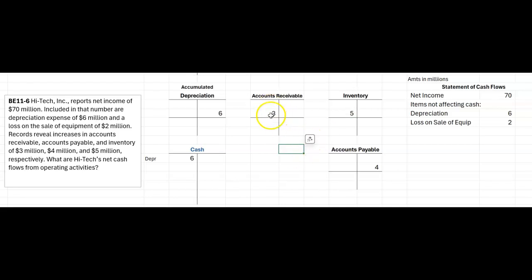Accounts receivable is a debit, so I would credit it here. Inventory was a debit, so I credit it here. Accounts payable is a credit, so I would credit this and then debit the cash T account.